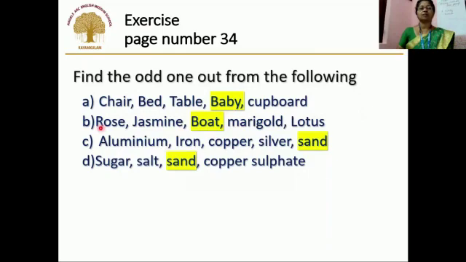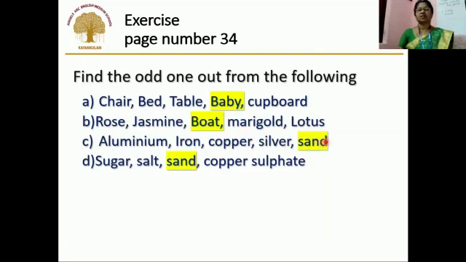Now, the second one: rose, jasmine, boat, marigold, lotus. Here, rose, jasmine, marigold and lotus are flowers or their plants. But boat is a non-living thing, so it is the odd one in this second question. Now the third one: aluminium, iron, copper, silver are metals.